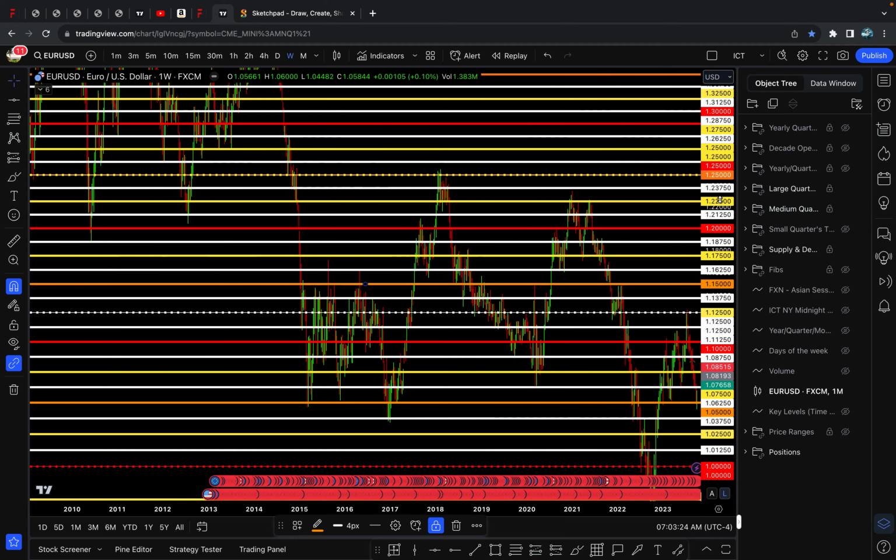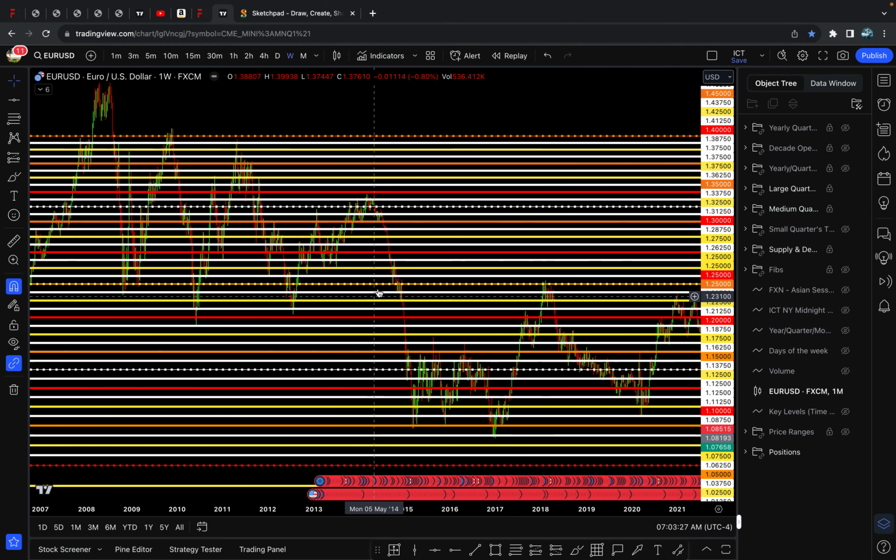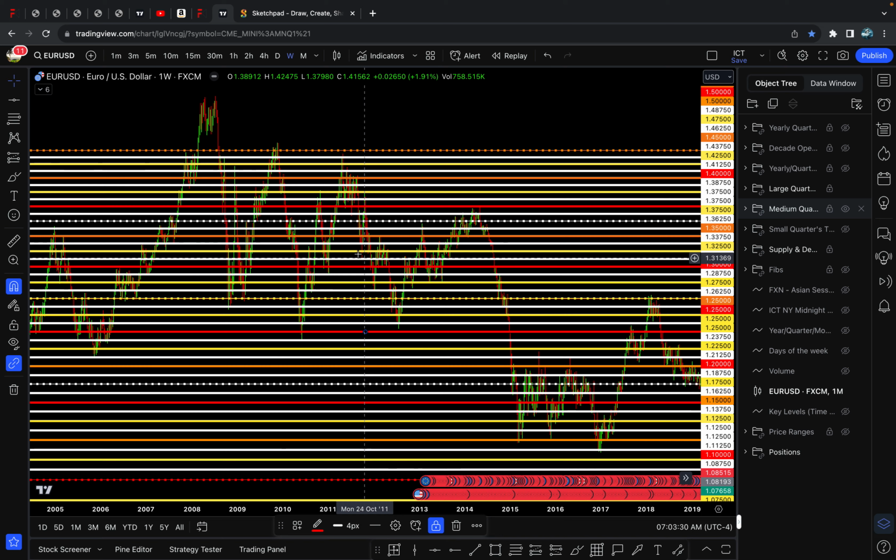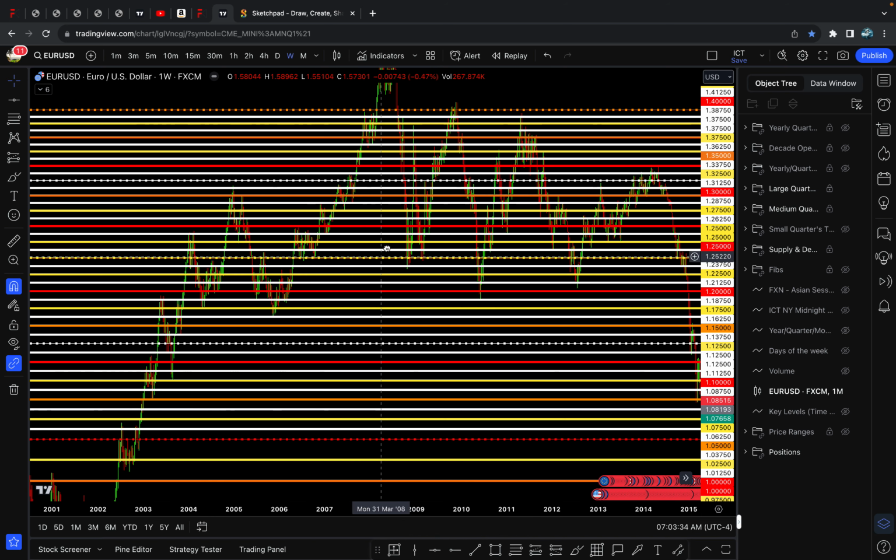And it's not just on Forex. It's not just on Euro USD. You can go and do this on anything. And I've got other charts up and things like that.